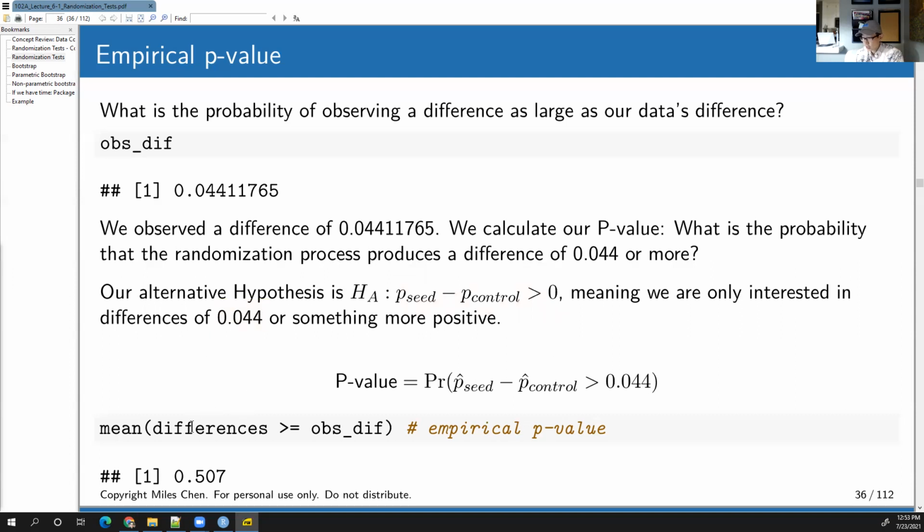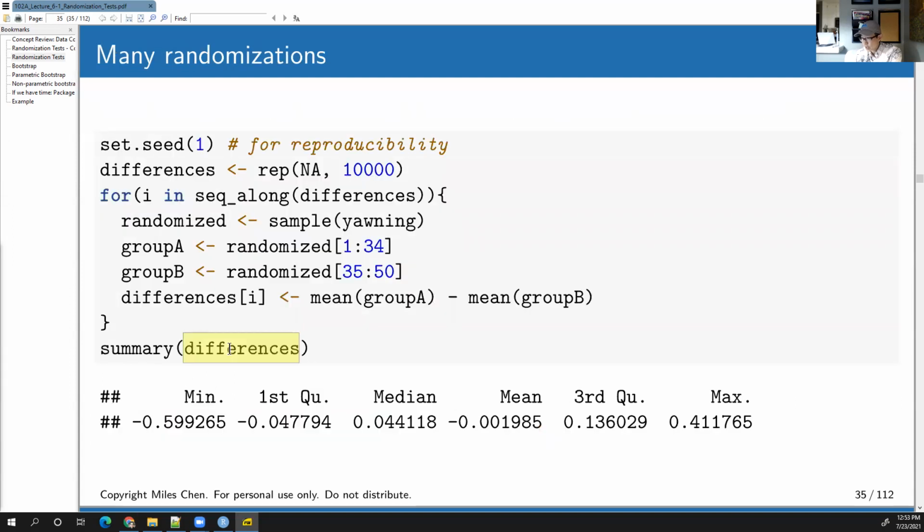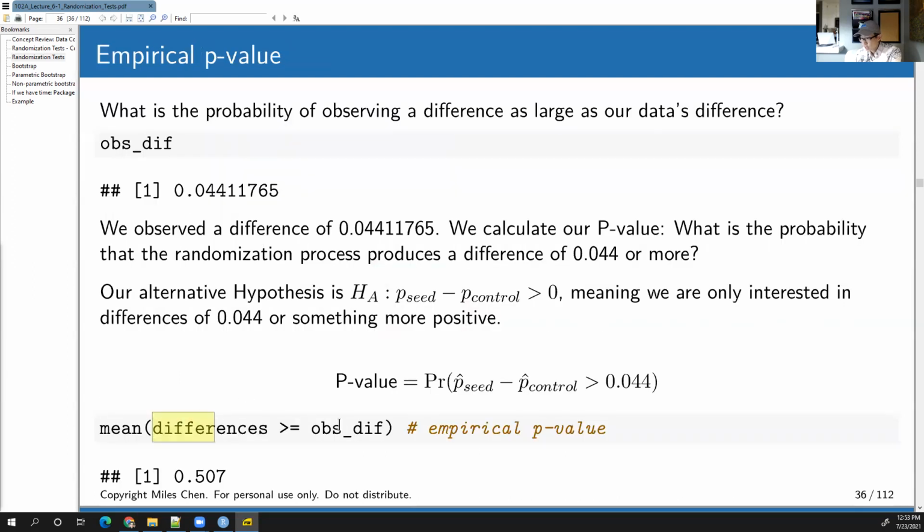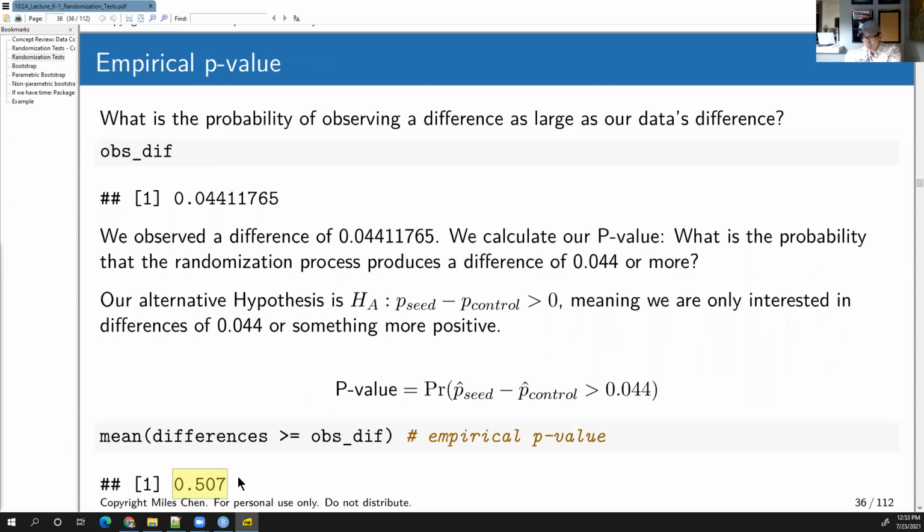So we're going to see how many of my 10,000 randomized differences are greater than or equal to our observed difference of 4.4 percentage points. And out of 10,000, around 5,070 of them end up being greater than 4.4 percentage points.